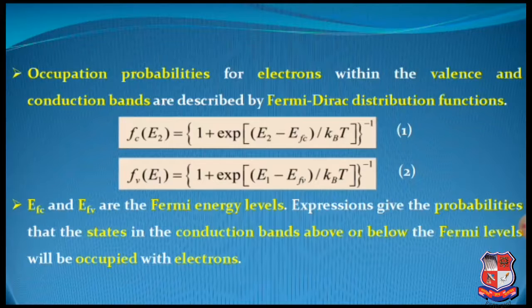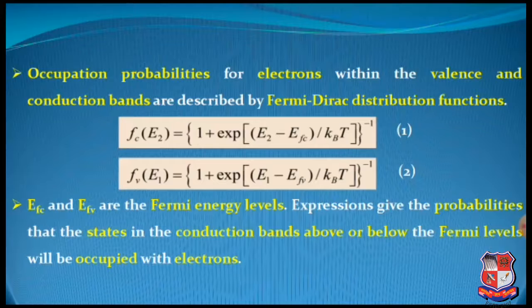So the occupation probability for the higher energy level is given by equation 1, F_C(E2). The F_C stands for the conduction band, E2 is the energy of the higher state, that is the conduction band, and is equal to [1 + exp((E2 - E_FC)/k_BT)]^-1. Here k_B is the Boltzmann constant, T is the absolute temperature in Kelvin.